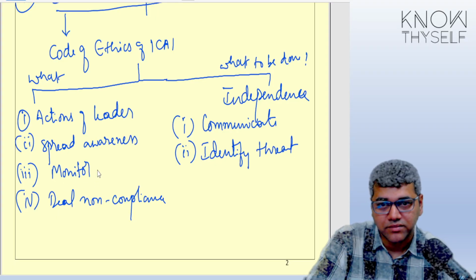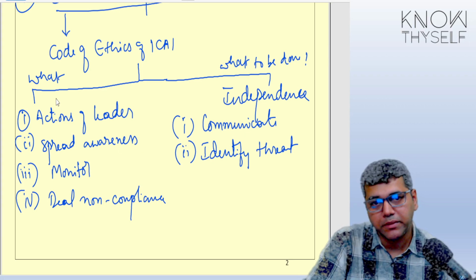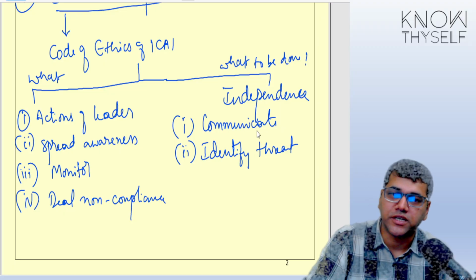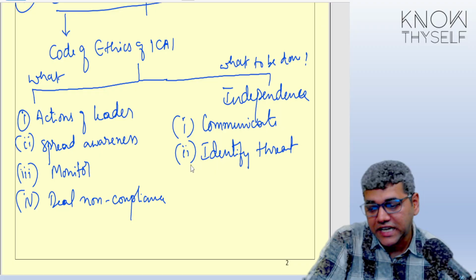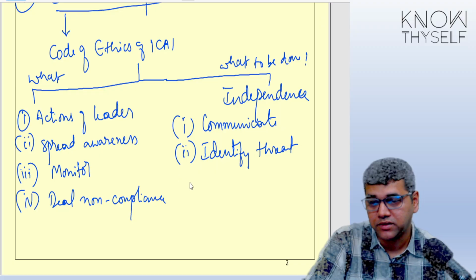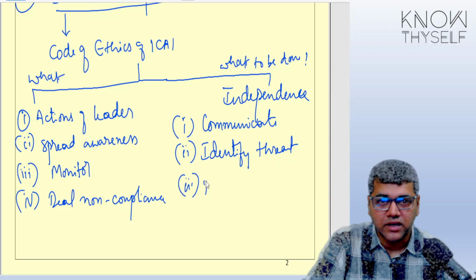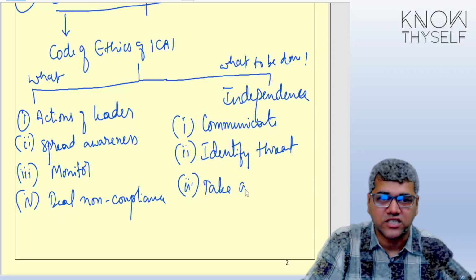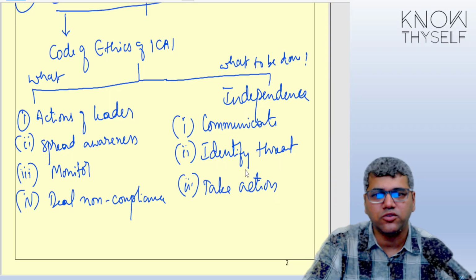Like monitor. First is spread awareness of fundamental principles, communicate independence. Second, you monitor here. Like this, you identify the circumstances and relationships. Third, take actions. Deal with non-compliance. Nothing but take action. So it's very simple now.